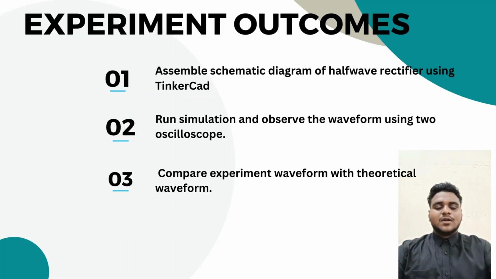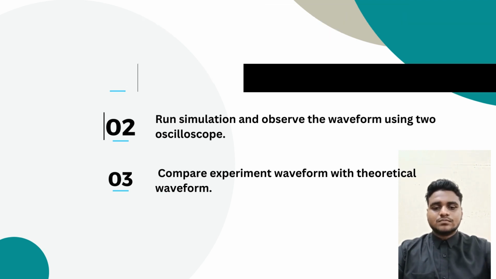And for the experiment outcomes, the first is to assemble the schematic diagram of a half-wave rectifier using Tinkercad, the second is to run the simulation and observe the waveform using an oscilloscope, and the third is to compare the experiment waveform with the theoretical waveform.